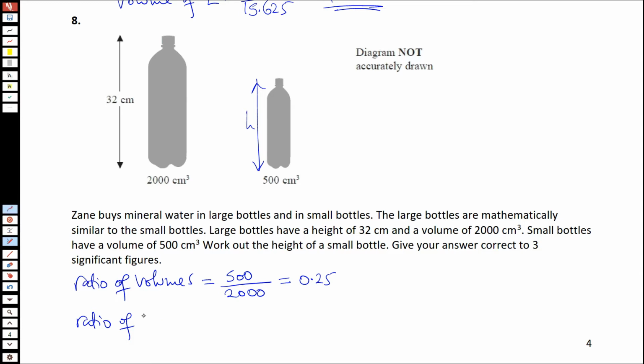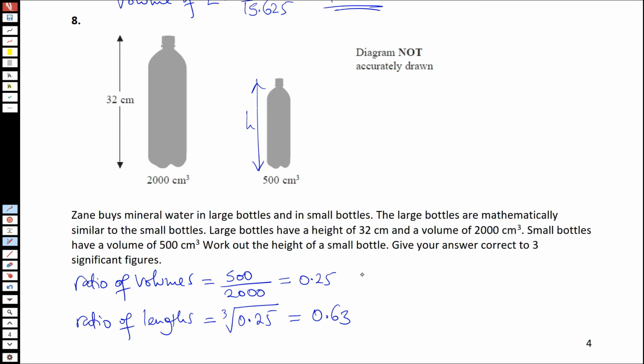like I said before, when you work backwards from volume to length, you find the cube root. So the cube root of 0.25 is equal to 0.63, which means that the lengths of the smaller bottle are equal to 0.63 multiplied by the length of the large bottle.